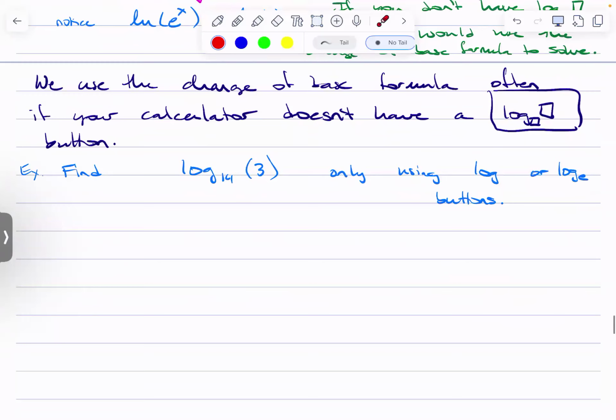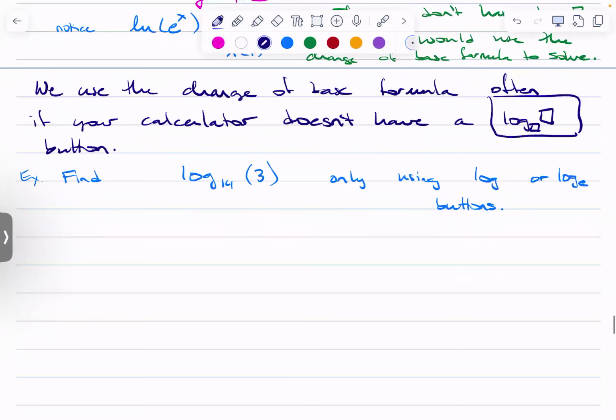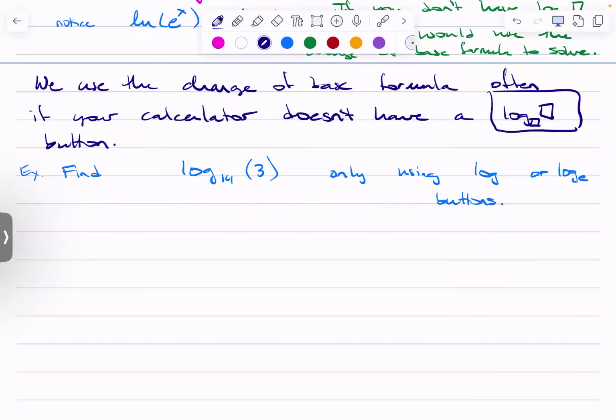What if you have to find log base 14 of 3 using only the log or log base e buttons? So remember, log base b of a is the log base c of a divided by the log base c of b.